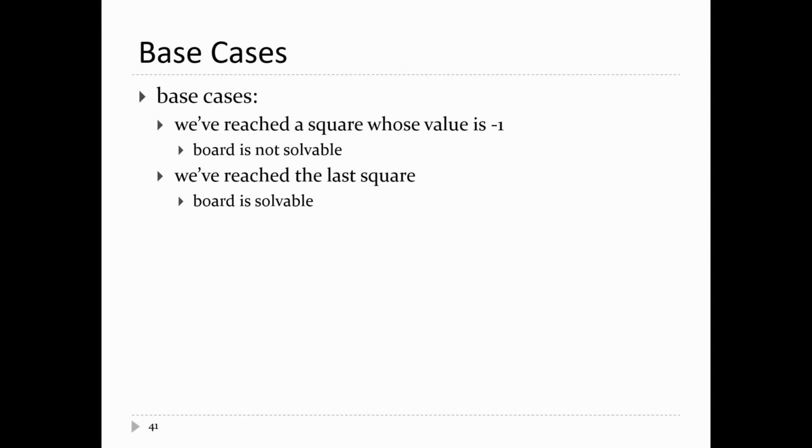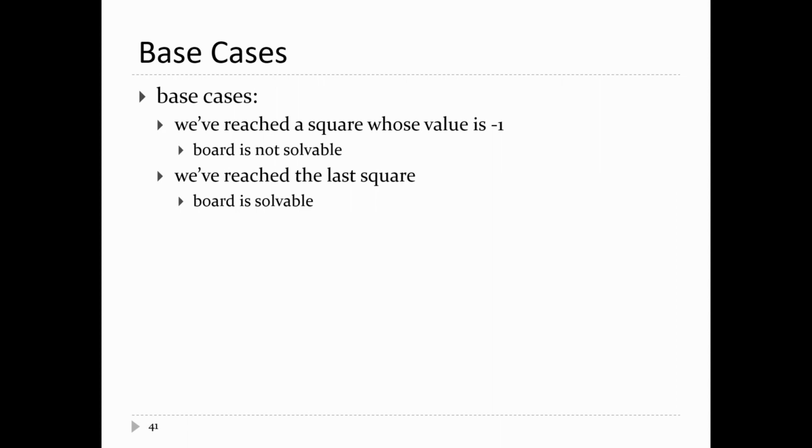If you hit a square whose value is -1, that indicates that you've been in a cycle. So there you know it's false. So the board is not solvable with this current solution, so you can abandon trying to explore the rest of the solution from that square and simply return false for that particular recursive case.